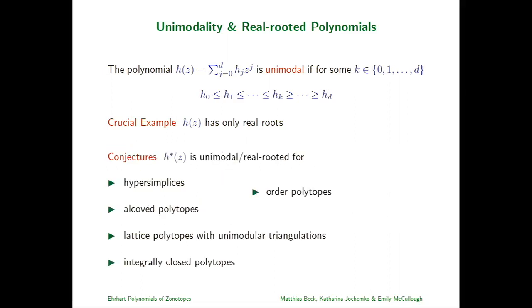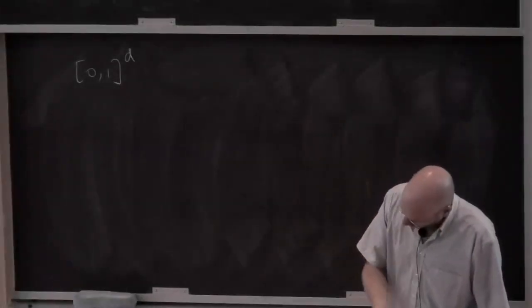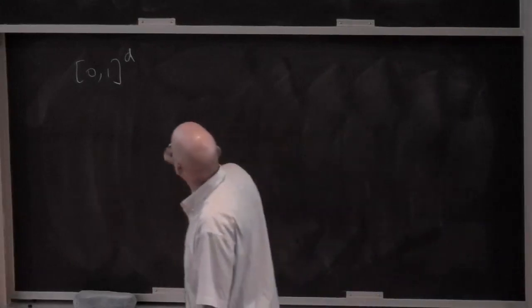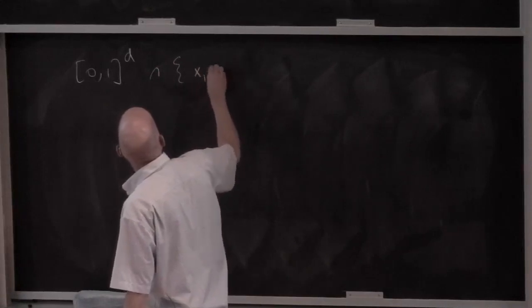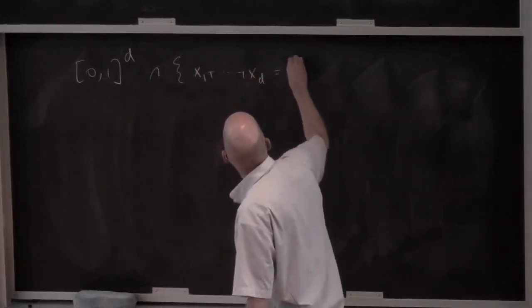So, excuse me. My classes go wider as I go down, and I guess they go wider also from order polytopes to Alcove polytopes. So let me tell you what these are. A hypersimplex is just the unit cube in d dimensions, where you cut it with a hyperplane, the sum of the coordinates equal to k.